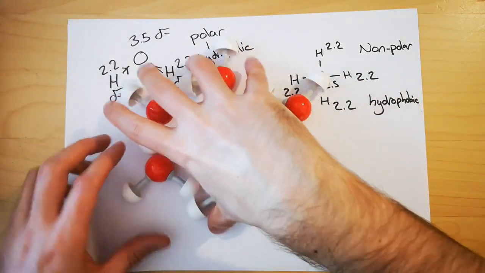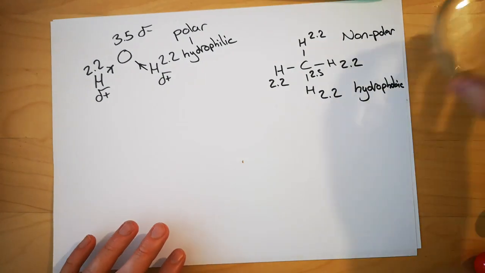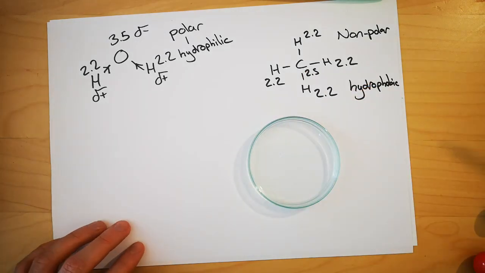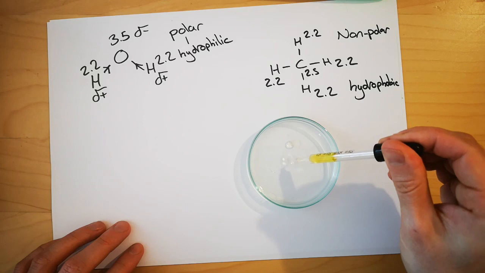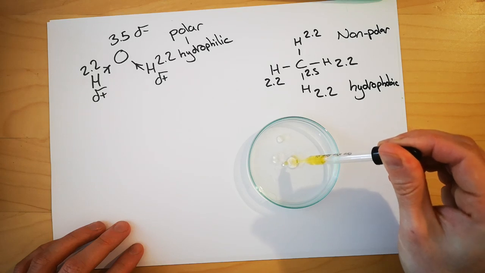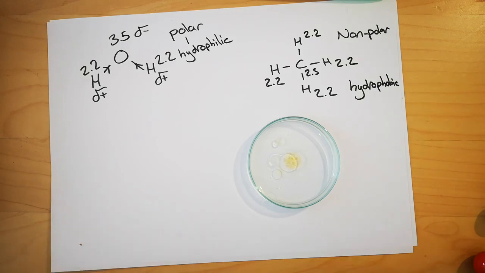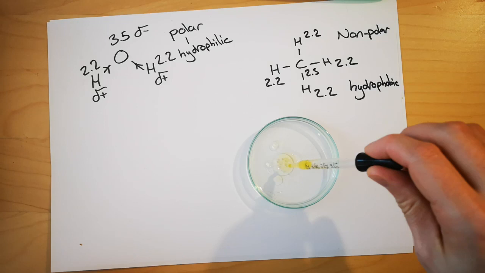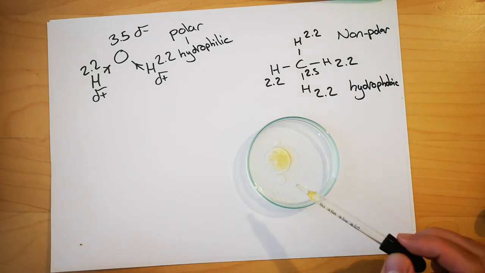Now we can show this pretty straightforwardly with a little bit of water and some oil. Now the oil, once we get enough, hopefully you can see, is not mixing with the water in any significant fashion. It has created what is essentially an island in and of itself.